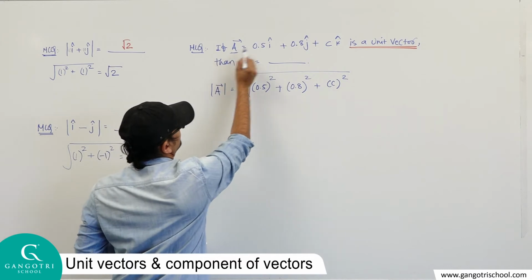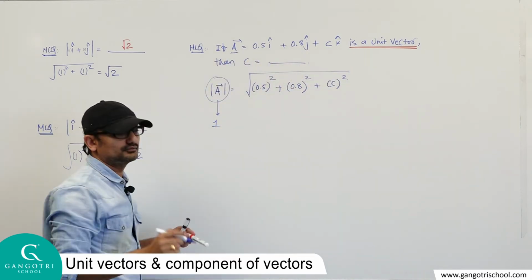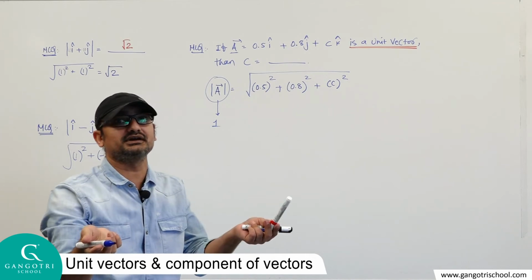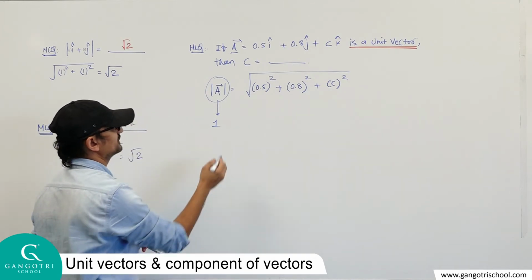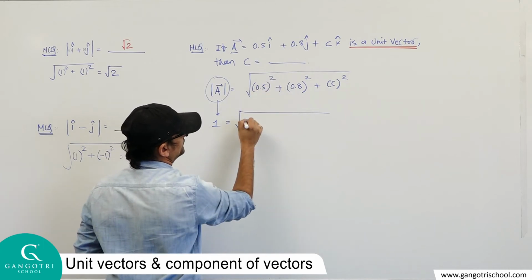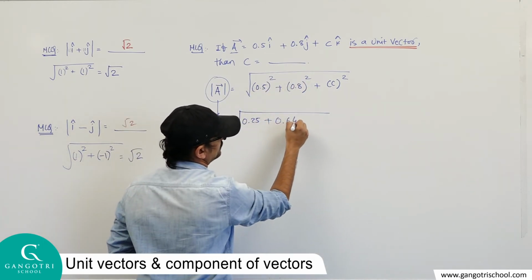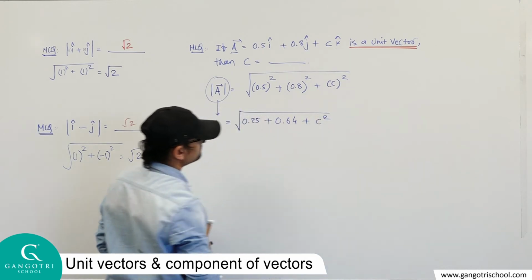Since vector A is a unit vector, its magnitude is 1. So 1 equals under root of 0.5 square is 0.25, 0.8 square is 0.64, plus c square.